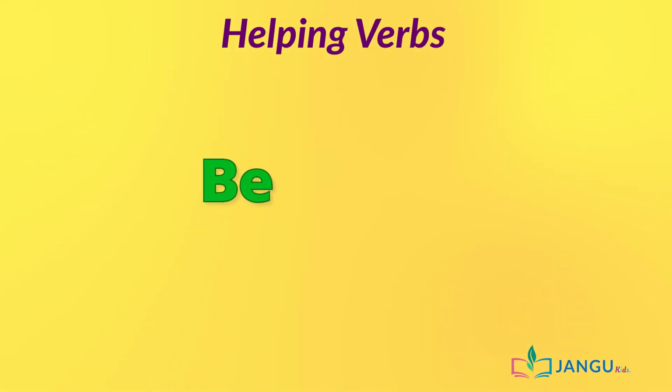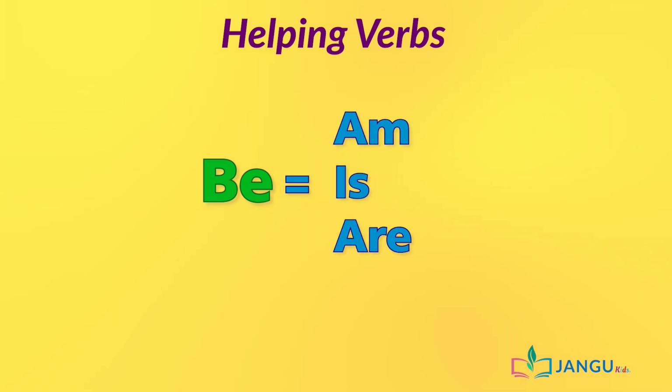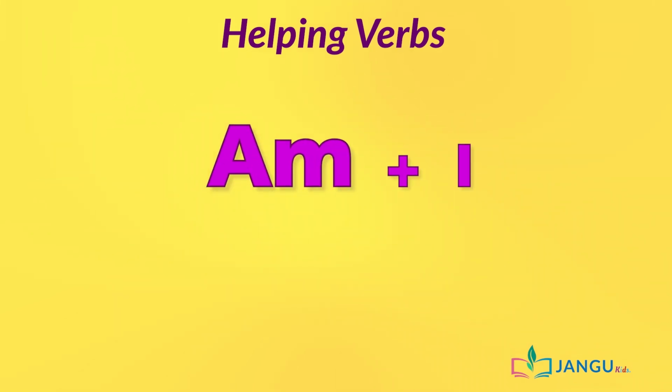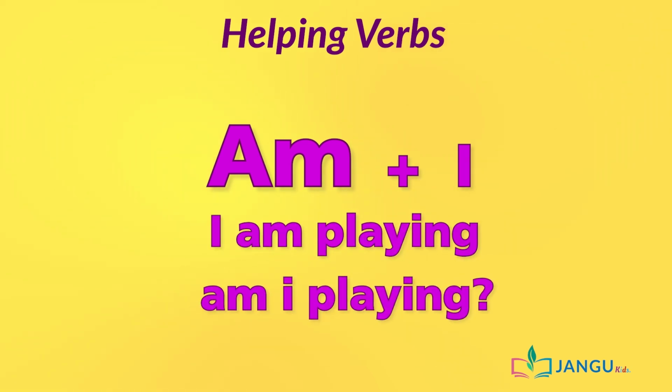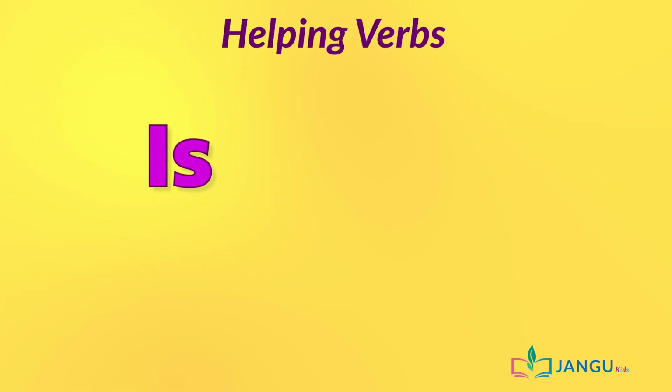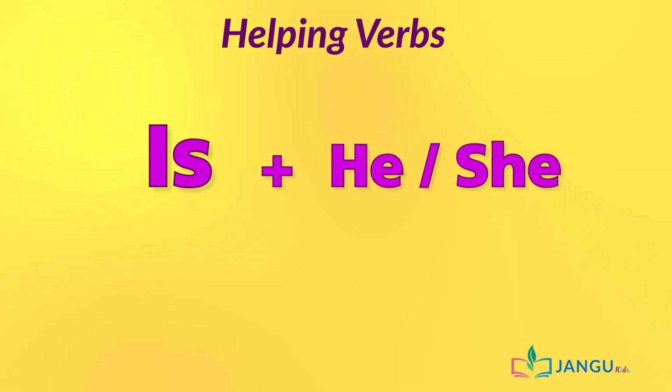The helping verb be is usually used in present forms am, is, and are. Am is used for the first person singular, I. For example, I am playing or am I playing? We use is for the pronoun he or she.